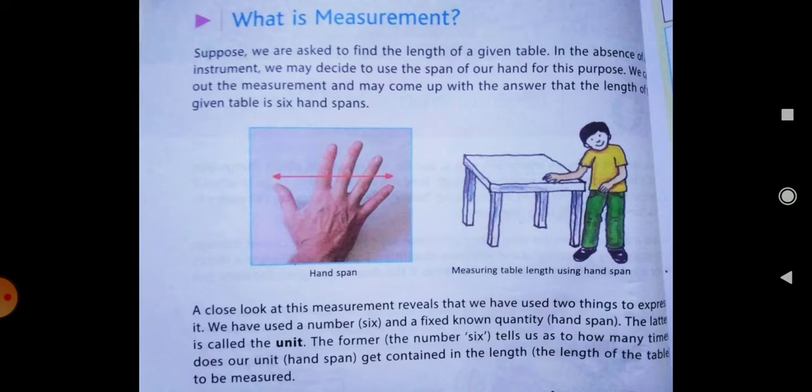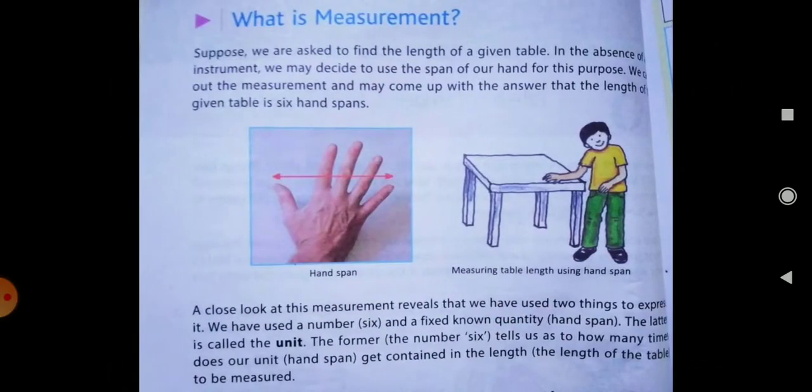Firstly, what is measurement? You have all studied that measurement is used to measure the length, the height, or any physical quantity, and we use units to complete the measurement.